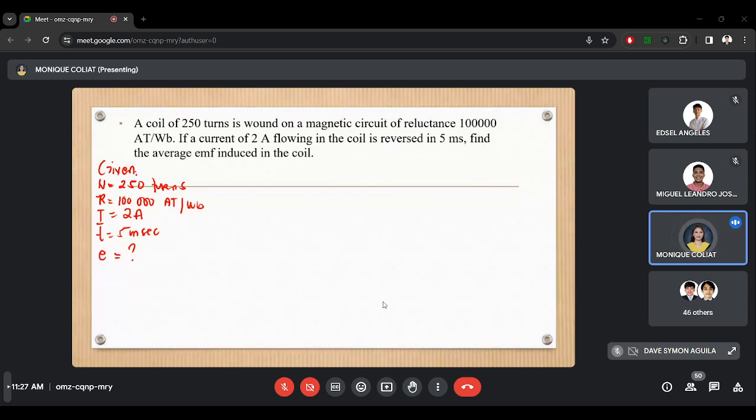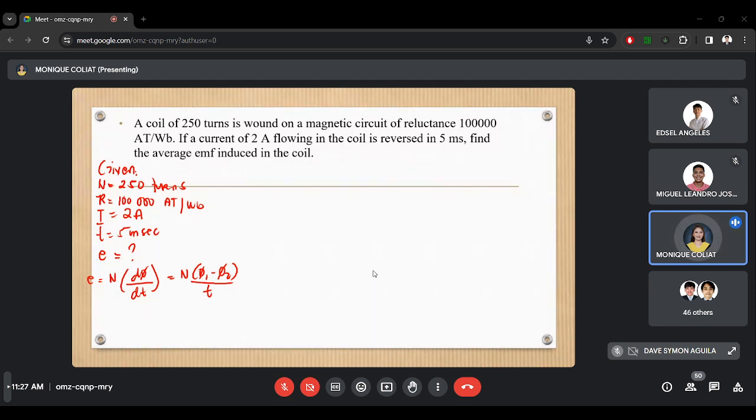To get the average EMF, we have to use this formula, N d flux over dt, which is equal to N times flux 1 minus flux 2 over time.